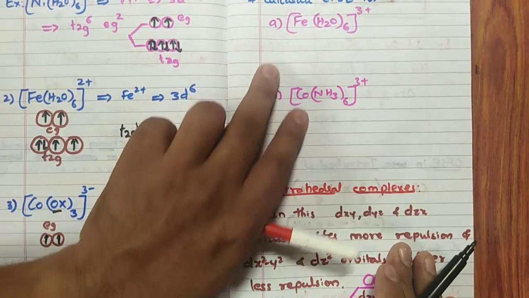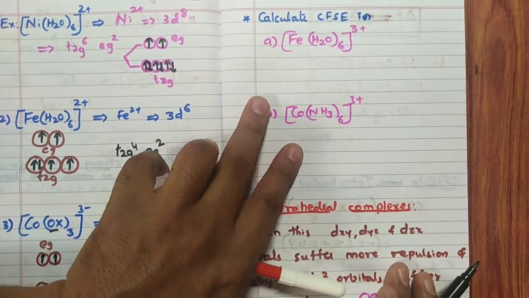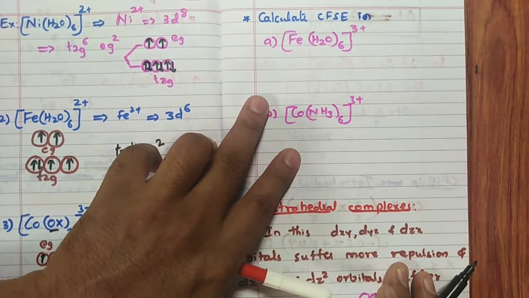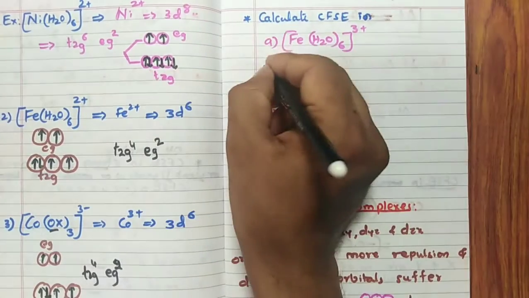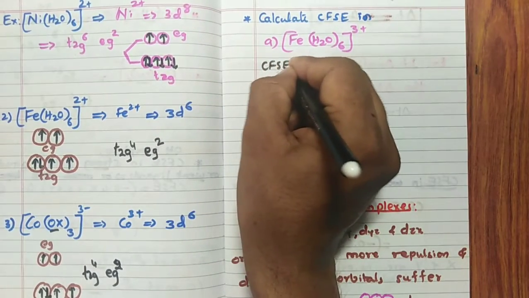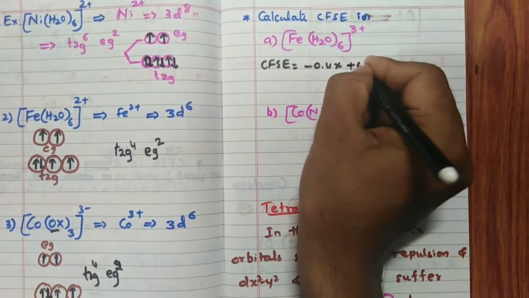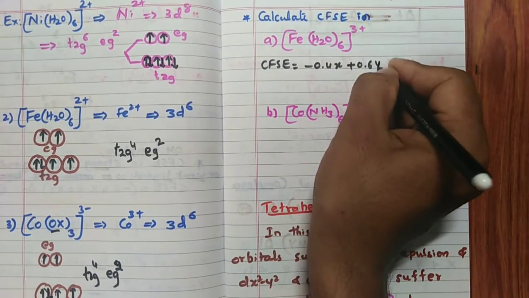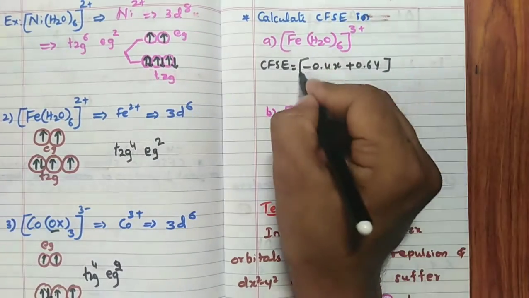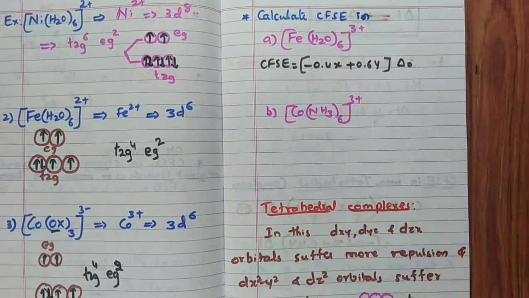See, in this example I have taken Fe(H2O)6 3 plus. So what is the formula? We will write that CFSE is equal to minus 0.4x plus 0.6y into delta naught. Right? Now in this particular case, first we will write the configuration.